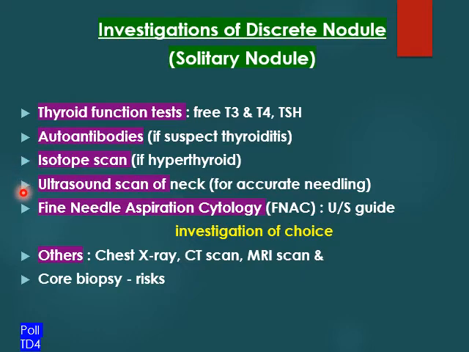Ultrasound scan of the neck, and fine needle aspiration cytology is the investigation of choice under ultrasound guidance. Others include a chest x-ray, CT scan of the neck and chest, MRI, and core biopsy.